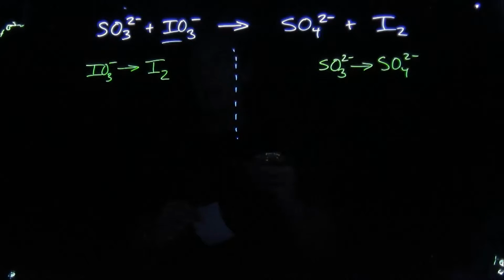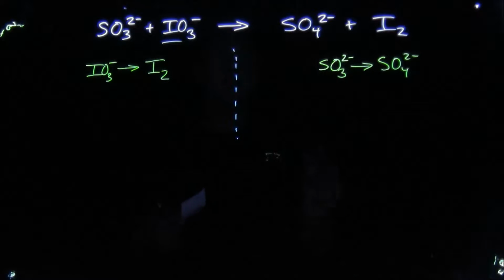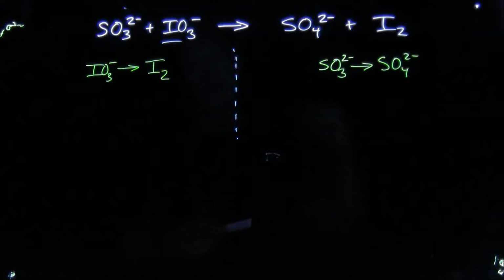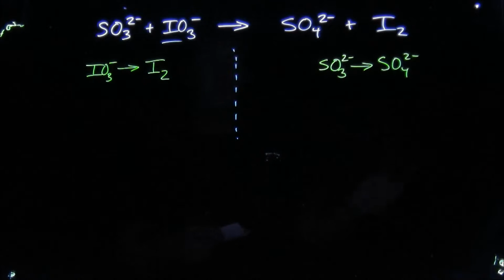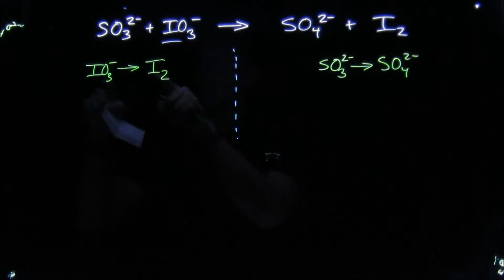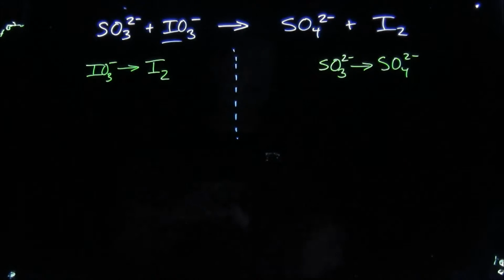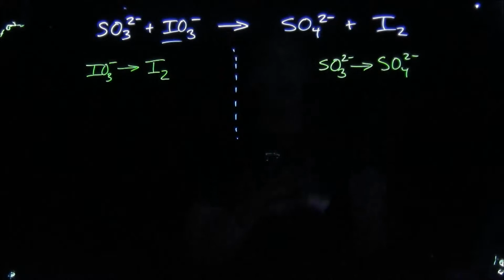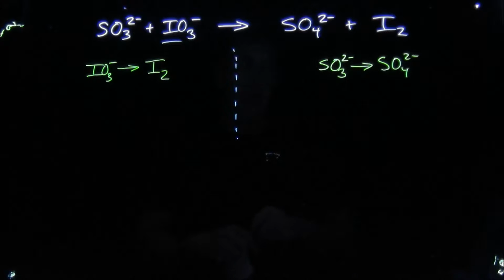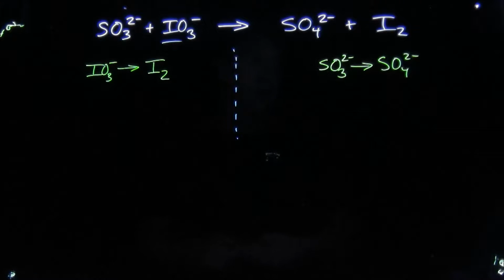Now that they're broken in half, since it's happening in an acidic solution, you have waters and hydrogen ions, and they're going to be transferring electrons. So we also have electrons. What you don't have in the solution are any extra iodines or any extra sulfurs. If those are not balanced, you have to take care of that the old-fashioned way by putting a number out front.